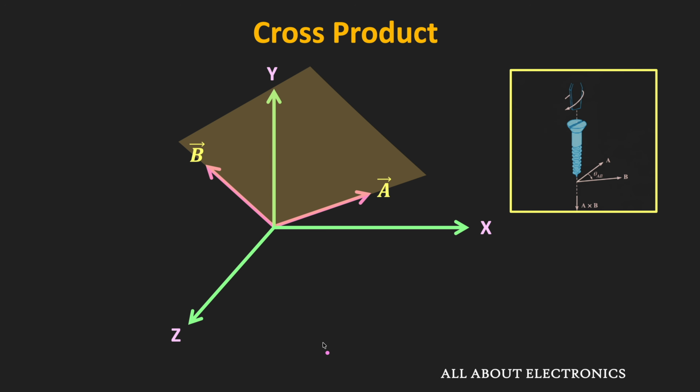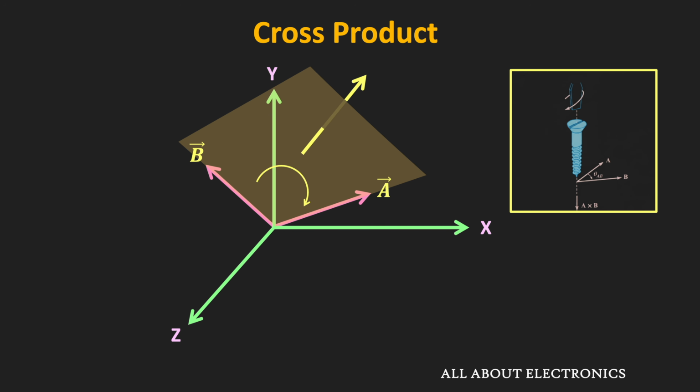Once again, let us place this screw perpendicular to the plane containing both vectors A and B. And now let us rotate it from the vector B towards the vector A, because here we are finding B cross A. Now if you see, it is rotating in the clockwise direction, and therefore it will go inwards, or in other words, it will move in this direction.